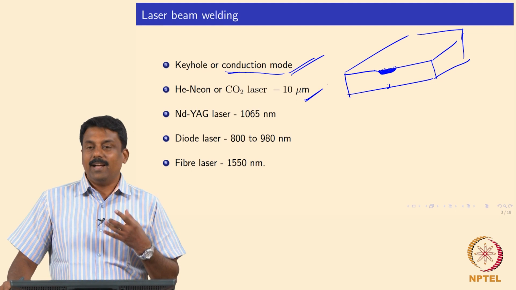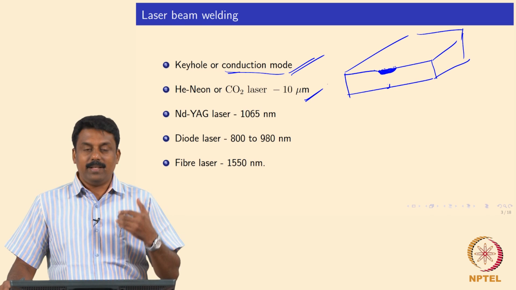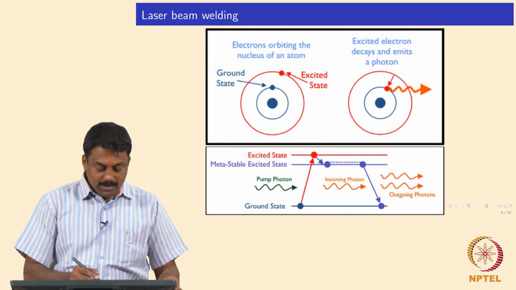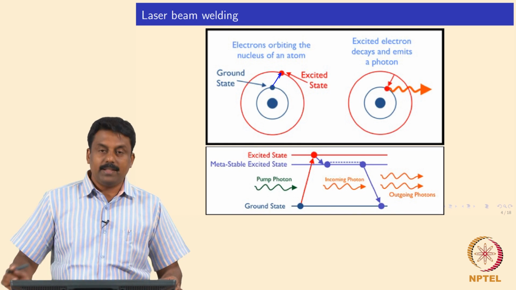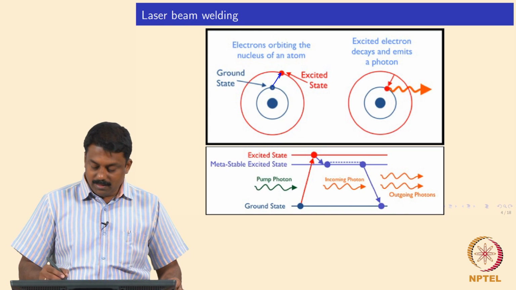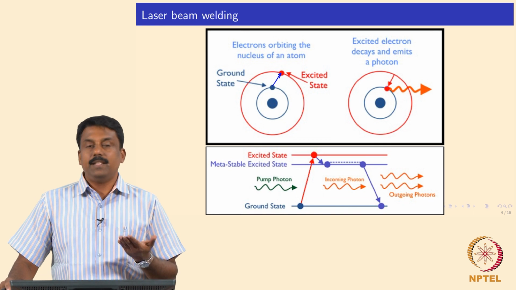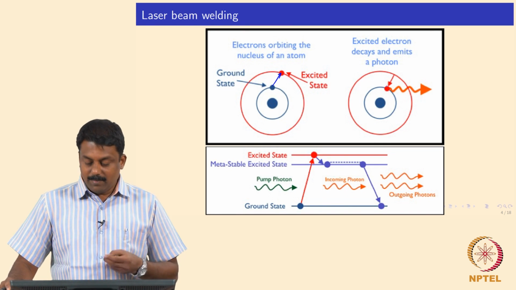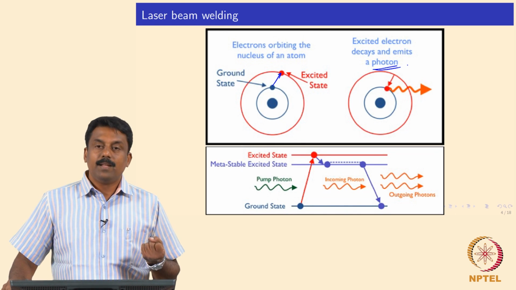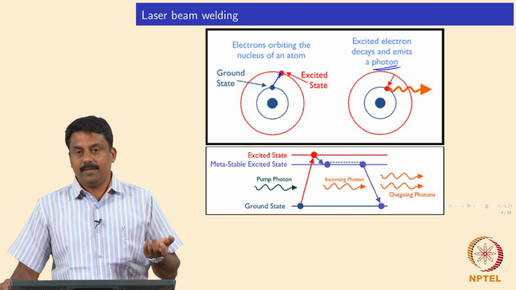When you excite an atom, the electrons in the ground state are excited to an excited state, right. When this excited state electron goes back to its ground state, the excess energy is released by emitting a photon. And this energy gap determines the wavelength of the photon, isn't it?